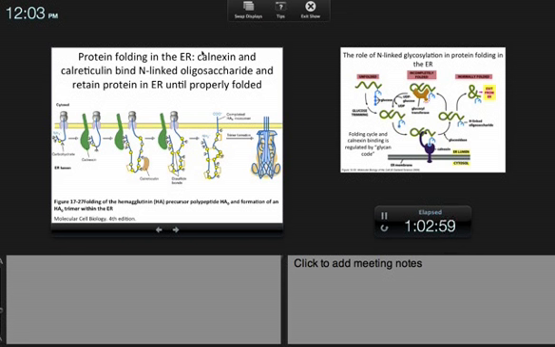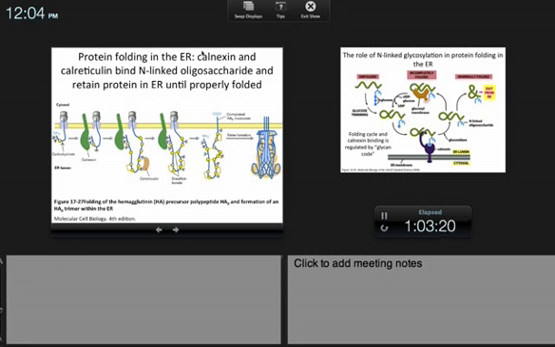And what they do is they bind to these sugars. So here's your protein. Remember, it was being translated through your translocator, and then it was being N-glycosylated with these carbohydrates that look like little claws. And then you've got calnexin.